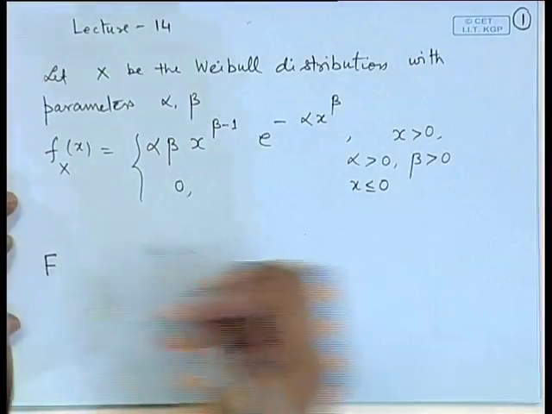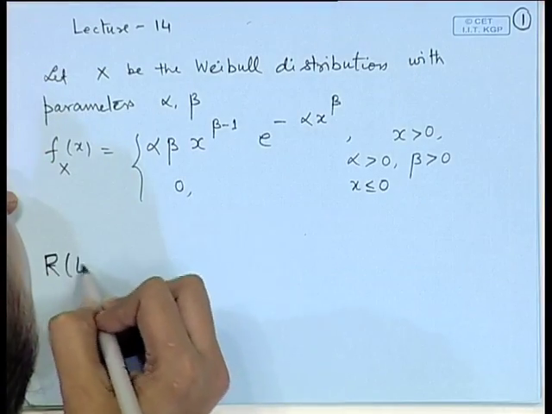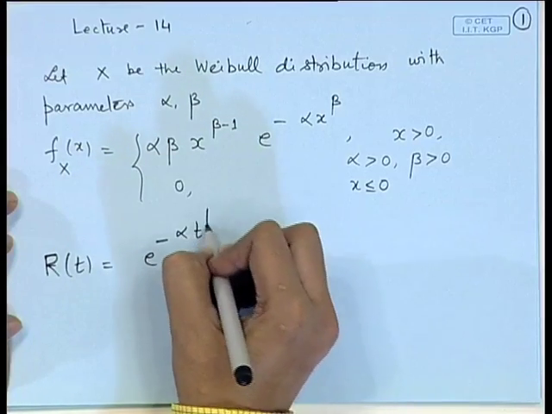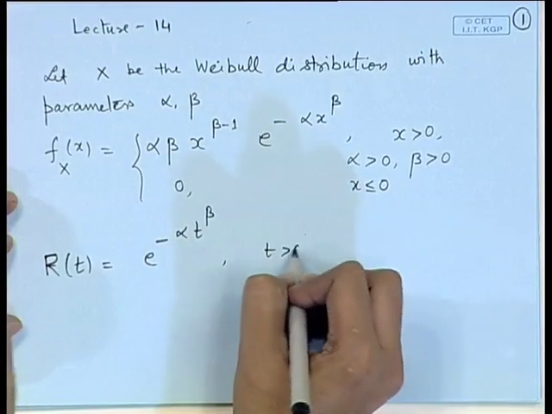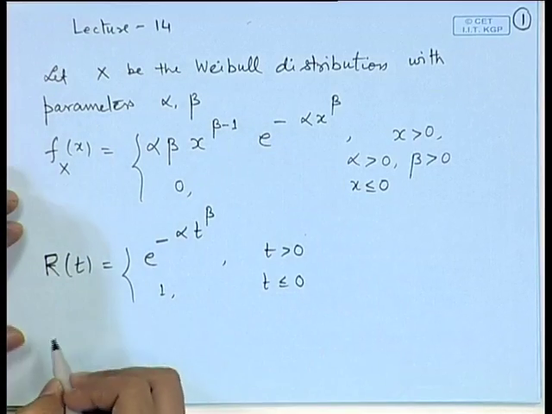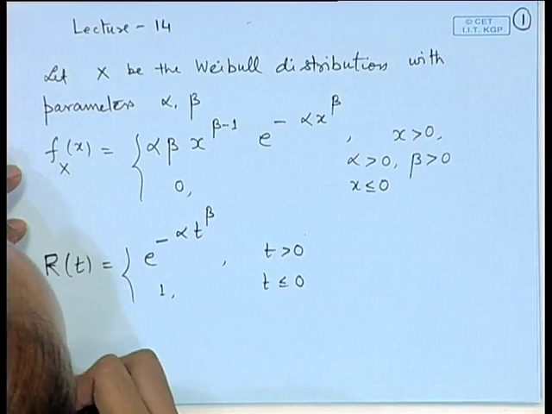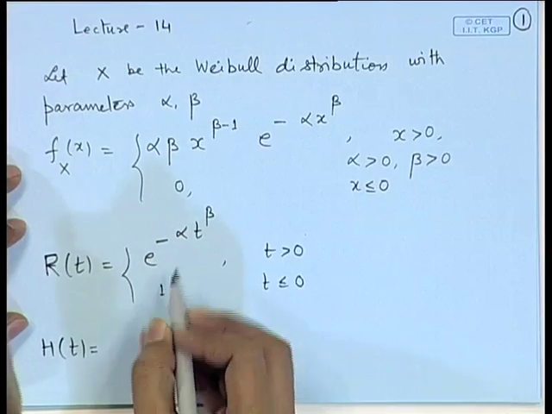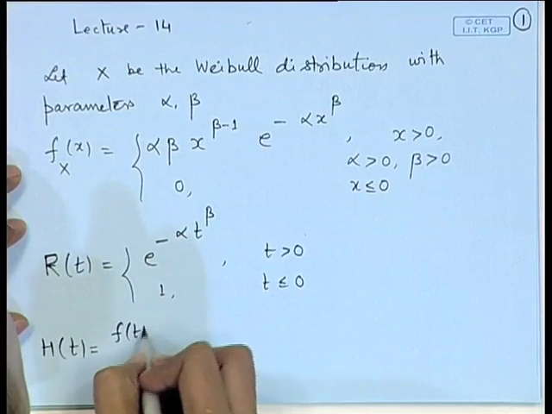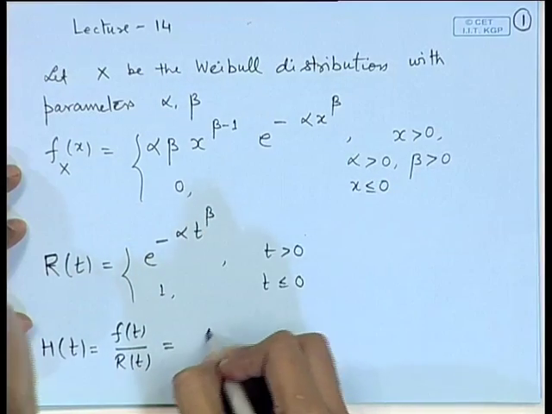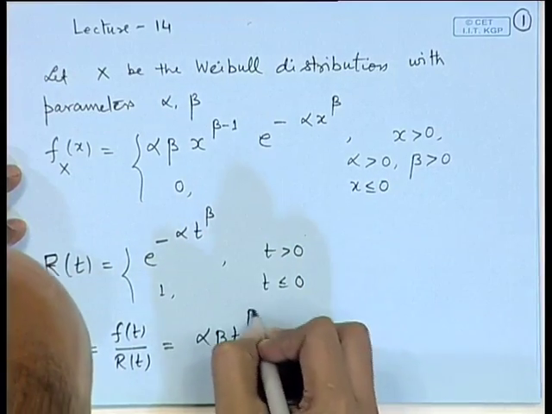Therefore, the reliability function is equal to e to the power minus alpha t to the power beta for t greater than 0, and it is 1 for t less than or equal to 0. If we calculate the hazard rate for this, it is equal to f(t) divided by R(t). When you take the ratio, we are left with alpha beta t to the power beta minus 1.